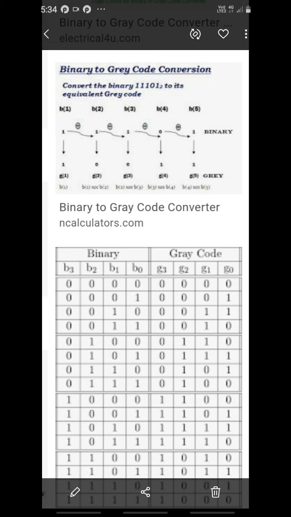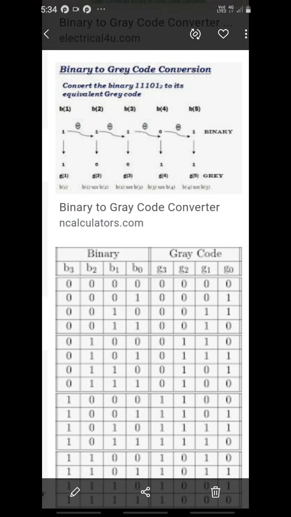In the binary to gray conversion, take the following steps. Step 1: keep the MSB as it is, and add the MSB to the next bit, and if there is a carry, neglect it, and write the sum as the next bit in gray code.